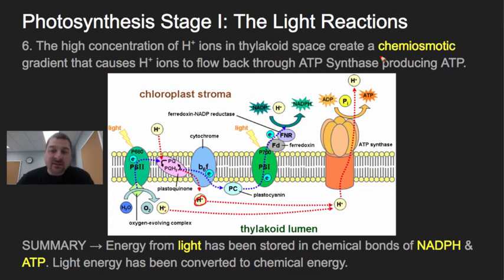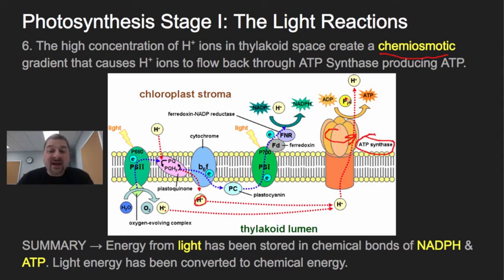So that's where we get the term chemiosmotic gradient. Chemi from chemical, osmotic, high concentration, low concentration. So they don't like being in here. Their escape route is this little turbine-looking thing here called ATP synthase. As the hydrogens escape through the ATP synthase, this ATP synthase is going to spin, and it's going to what we call phosphorylate.